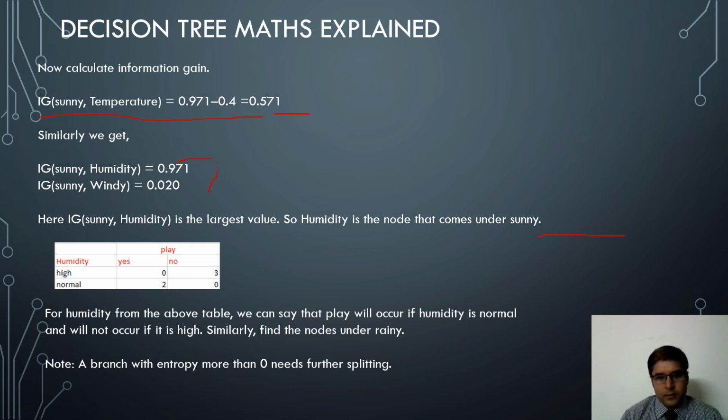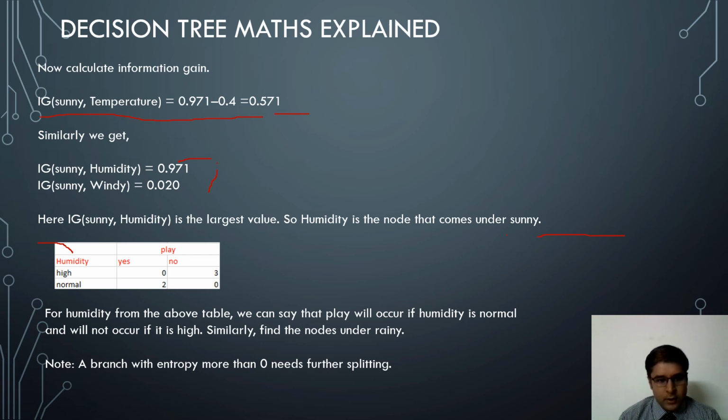Okay, so next we have this table where humidity is given as high and normal. From this table we can say that play will occur if humidity is normal and will not occur if it is high.